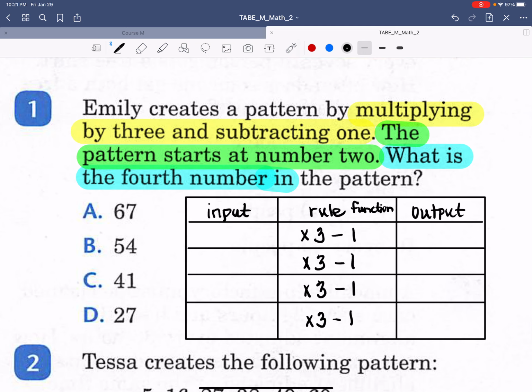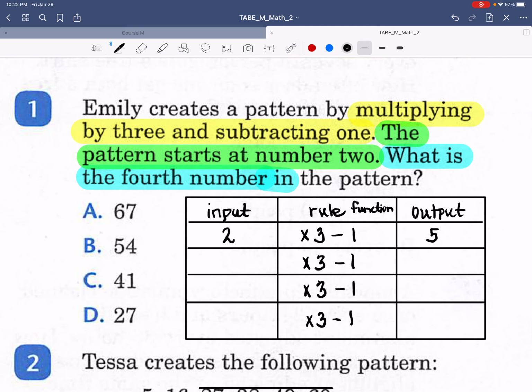Okay, the green part that I highlighted, it says the pattern starts at number 2. So the first input will be number 2. So then on my calculator, I'm going to type 2 times 3 minus 1. 2 times 3 is 6, minus 1 is 5.